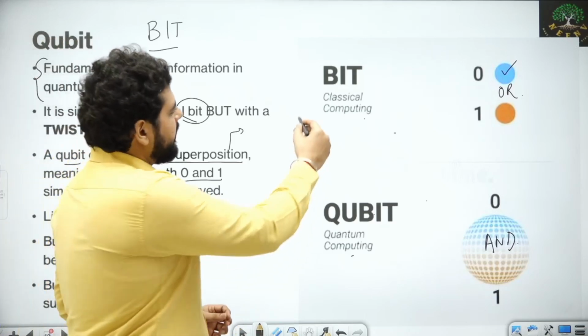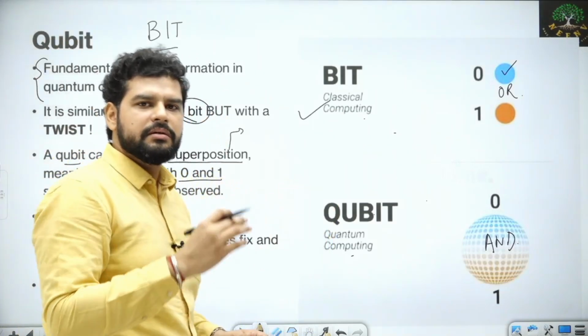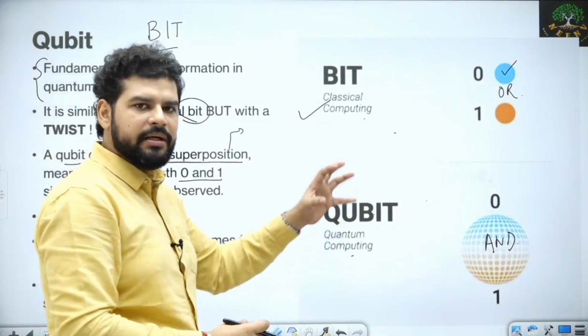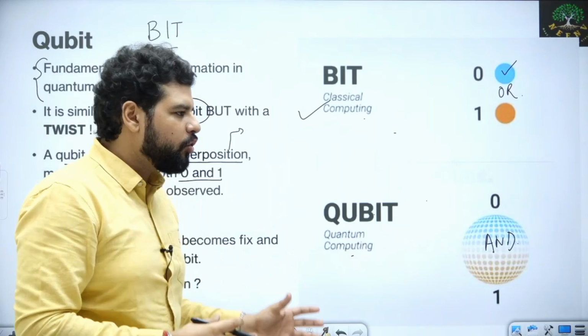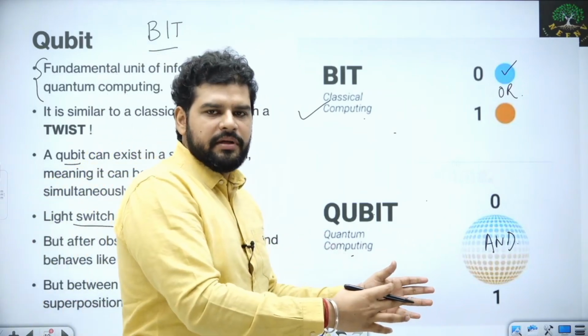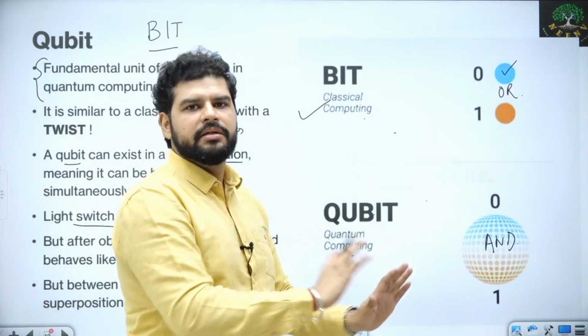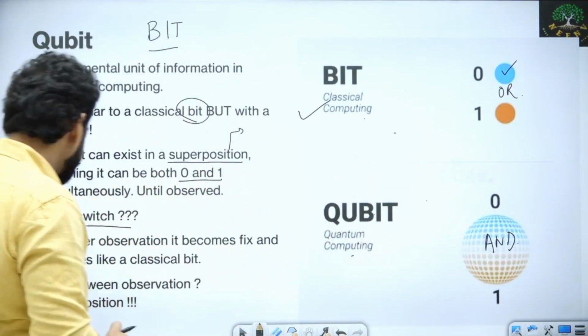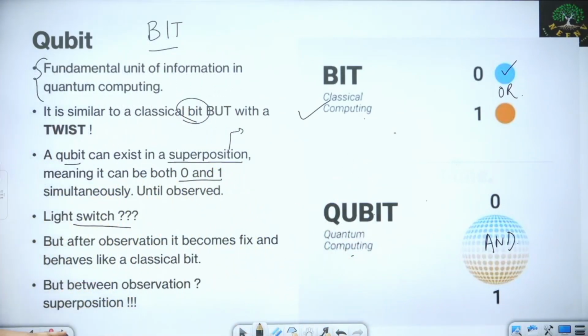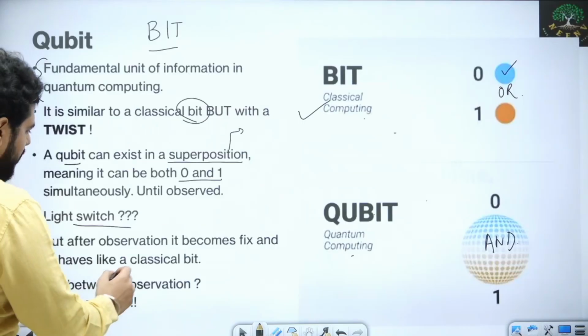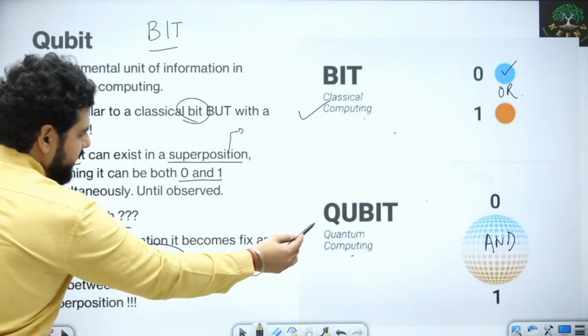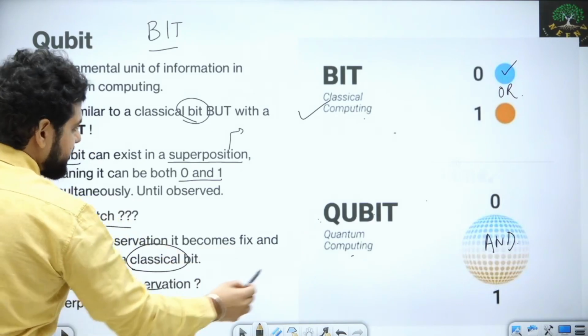Here the light switch will be either on or off. Here it will be both. But once you go and look at the switch, it turns to 0 or 1. Until you look, it will be 0 and 1, right? So after observation, it becomes a classical bit, but between observations, it is a quantum bit.